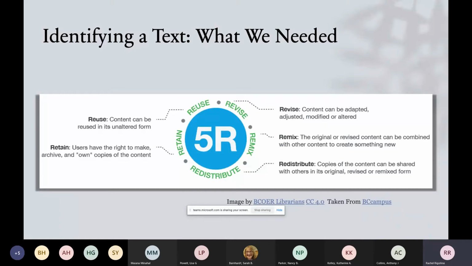Some people will put things out there they don't want revised, but to be fully OER, the material can be revised, remixed, redistributed, and users do have a right to own copies of the content. So all of these things are out there. The idea that you can reuse material, you can revise it, you can put combinations of OER things together. And that's really kind of best practices in OER.